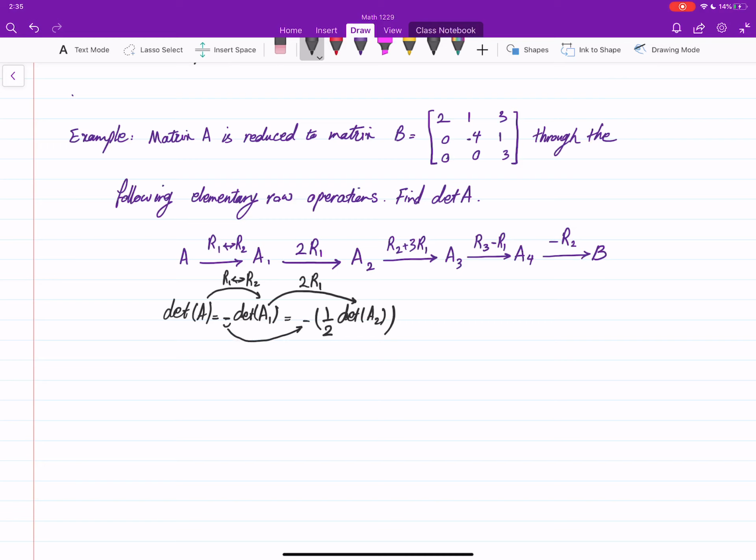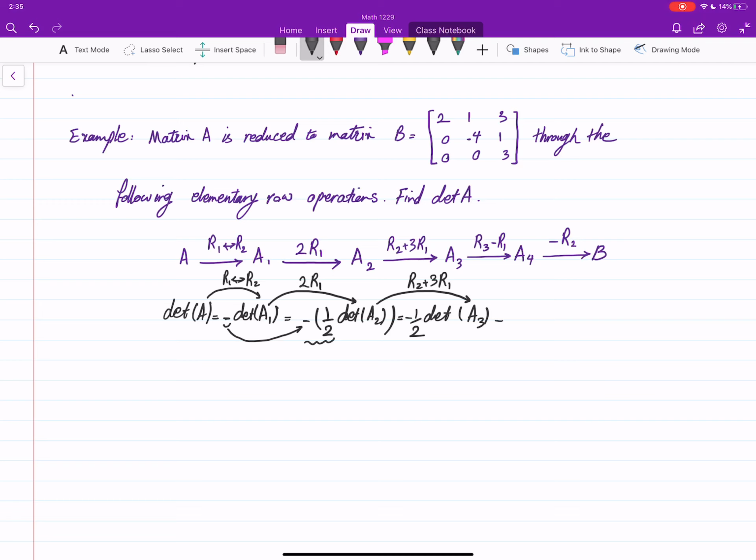So it is there. Then in the third step, we generate A3 by adding 3 times row 1 to row 2. We know that determinant doesn't change under this row operation. We have negative 1 over 2. We should bring it from before.